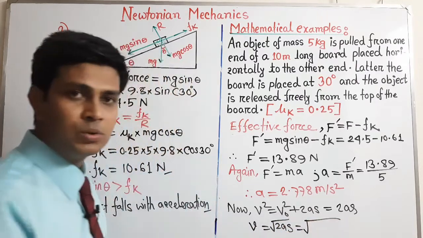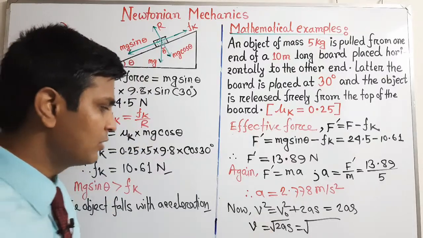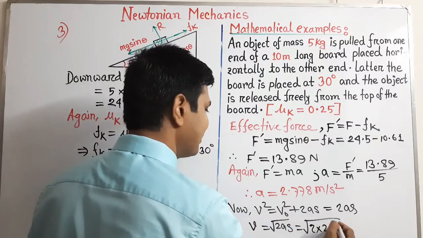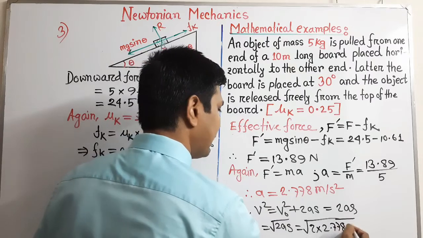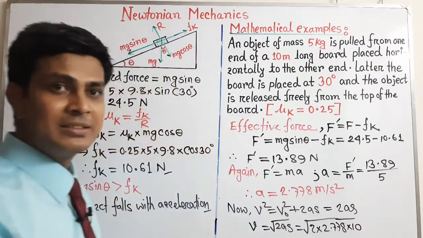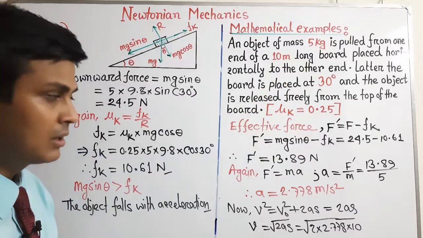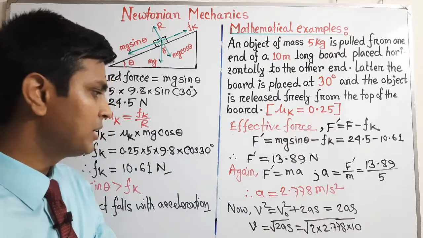The value of a we already calculated is 2.778, 2 into 2.778, and s is the distance; the inclined surface, the board, is 10 meter long.